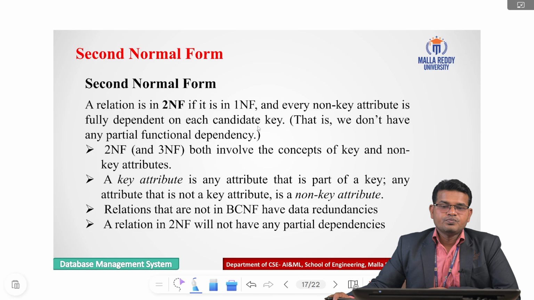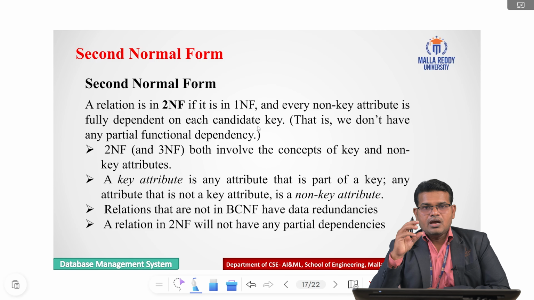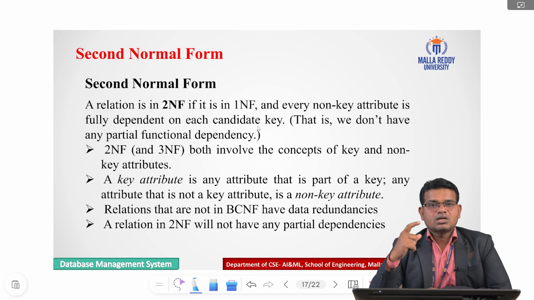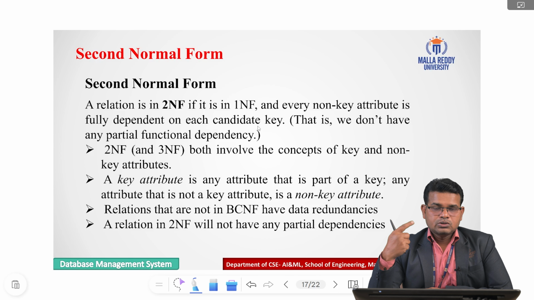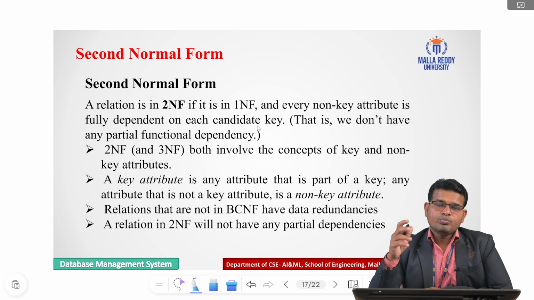What is a candidate key? Simply, the concept is very simple. A key is any attribute, single attribute or a set of attributes, which is used to identify each row uniquely. Now, what is a super key? A super key is a group of attributes or a single attribute that is used to identify each row uniquely.